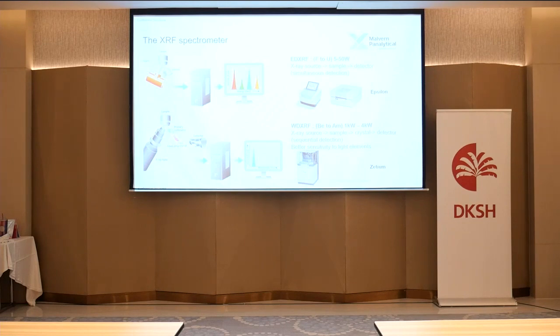It is called wavelength dispersive because this analyzer crystal diffracts the beam by wavelength. So it is a sequential measurement. At one time, you measure only one element, then the crystal moves and it measures the second element, then the crystal moves and it measures the third element. Then maybe you have to change the crystal to measure other elements. So it is a sequential measurement.